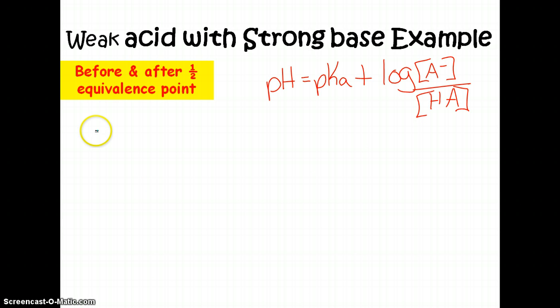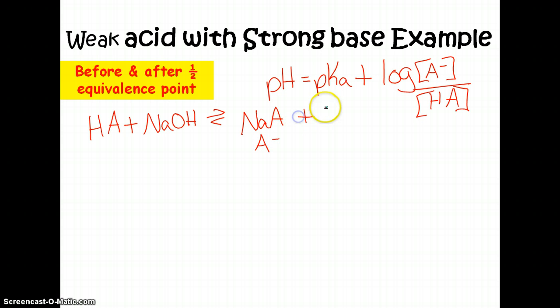So first write the equation. I wrote it in simplistic form, like this. That's going to give you NaA, which is essentially the A minus, and the H2O. So this is the conjugate base, and this is the acid. These are the ones we're worried about.